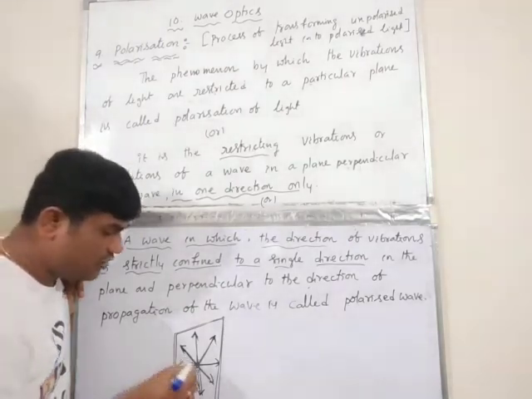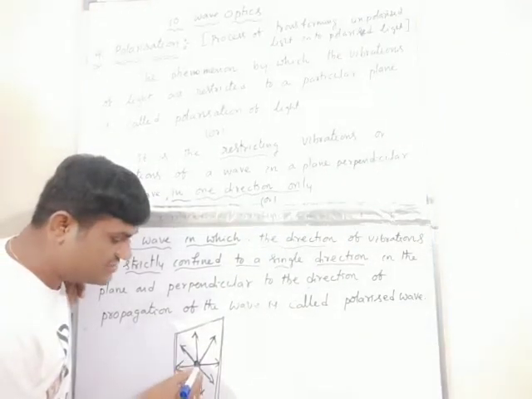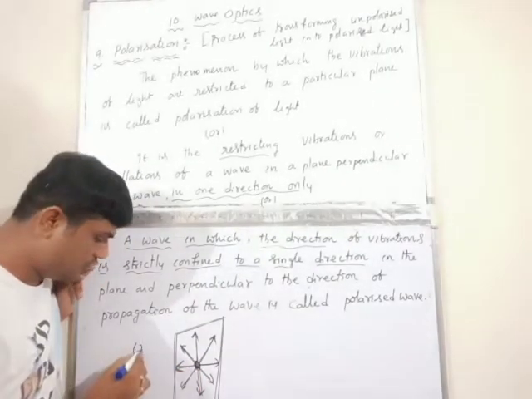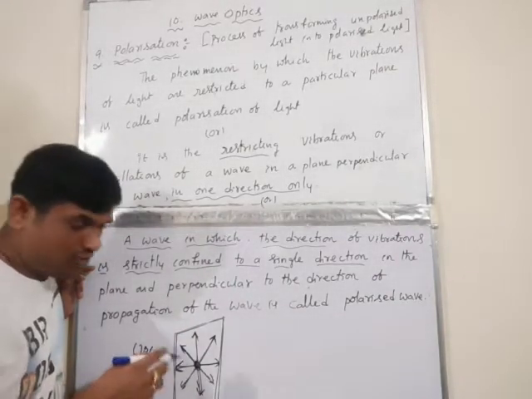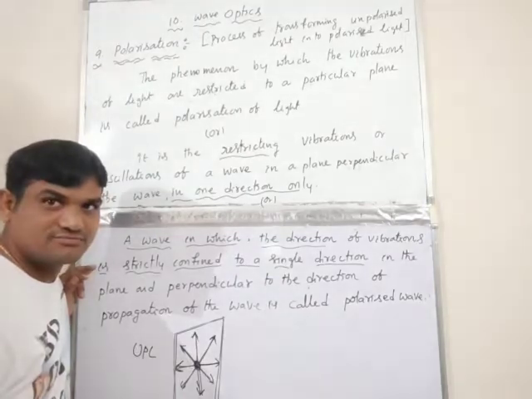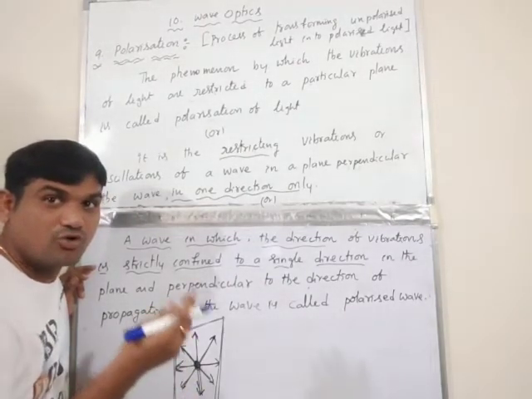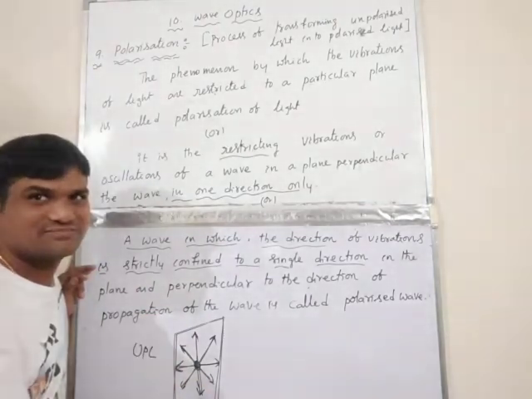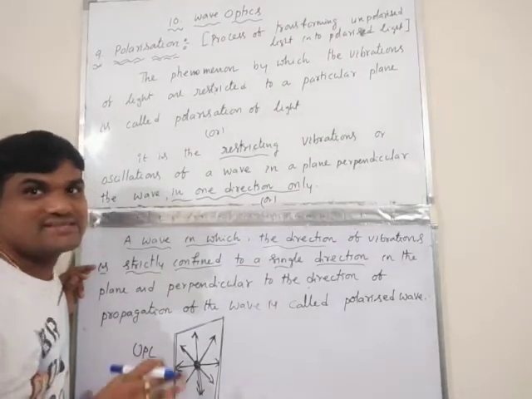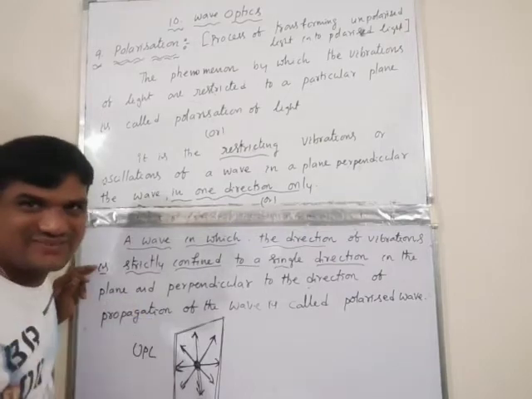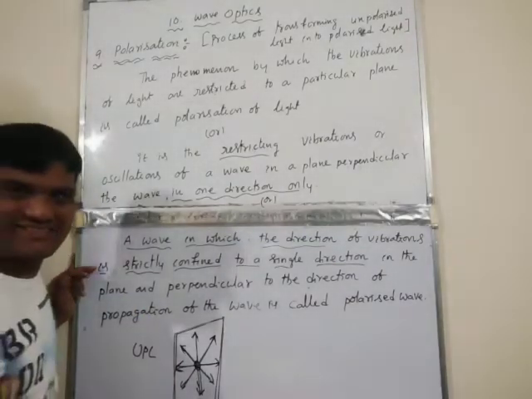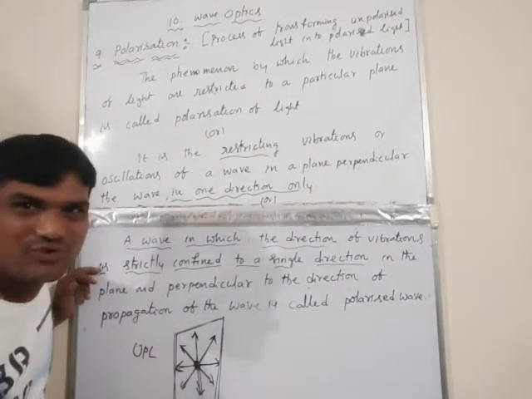Now this unpolarized light, UPL, we want to convert into polarized light. This process is known as polarization.